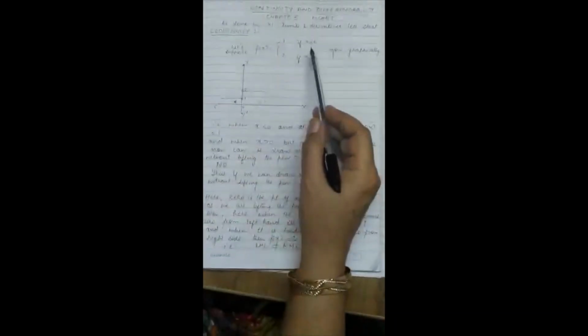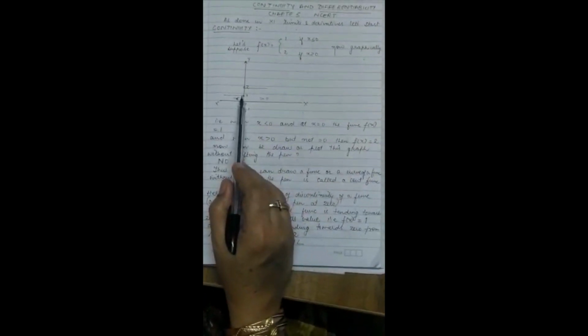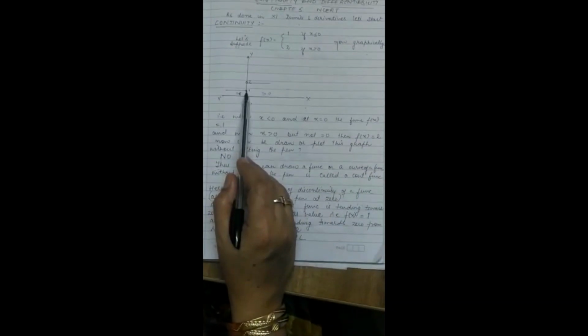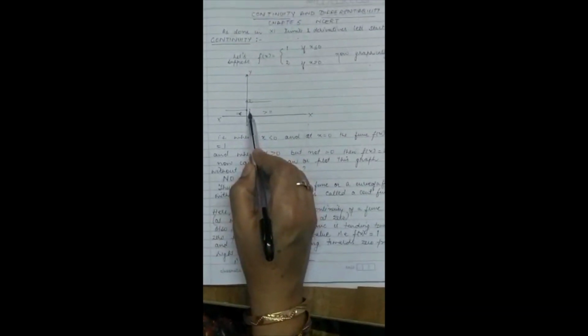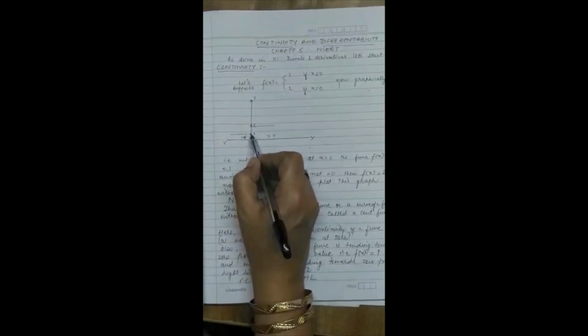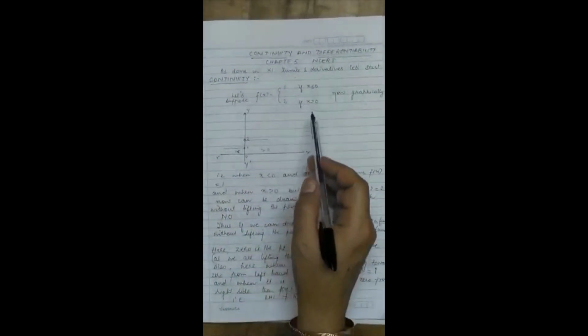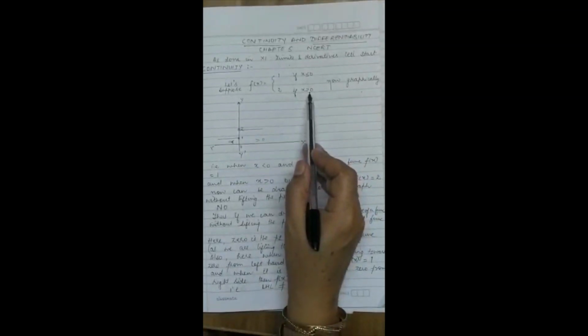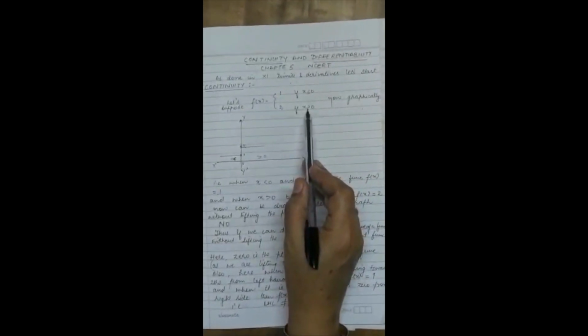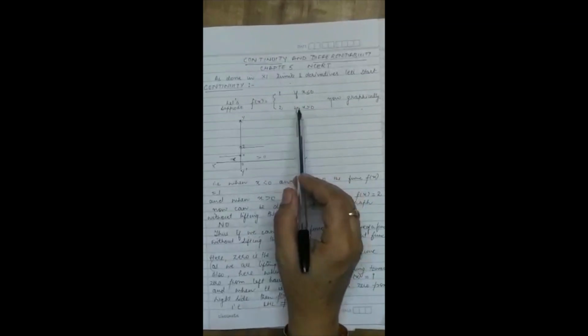When x is less than 0, it is on the left side of the origin, the value of f(x) is equal to 1, and at x equals 0 it is again equal to 1. Because the equal sign is there, I am taking the shaded circle, right? And when x is greater than 0, not at x equals 0, but when x is greater than 0, the value of f(x) is 2.